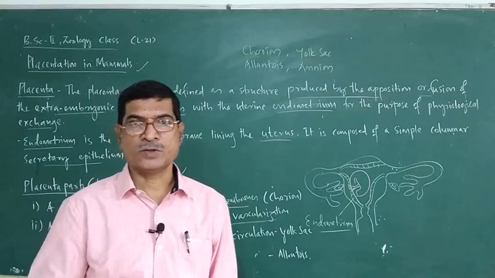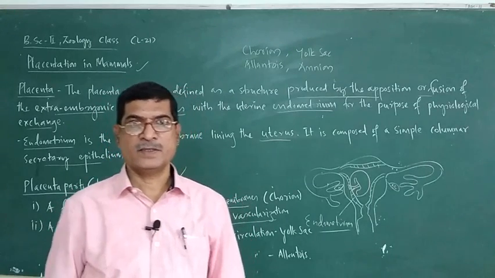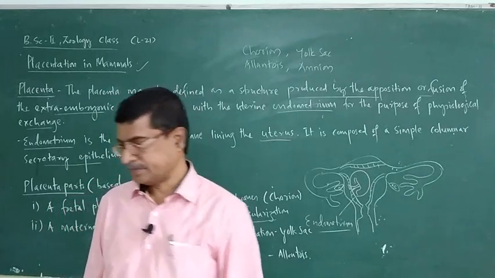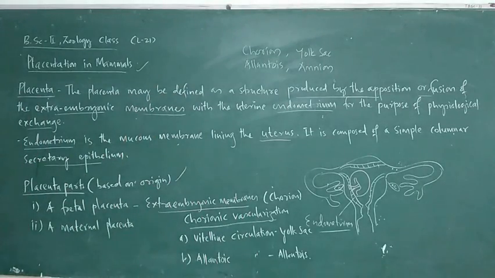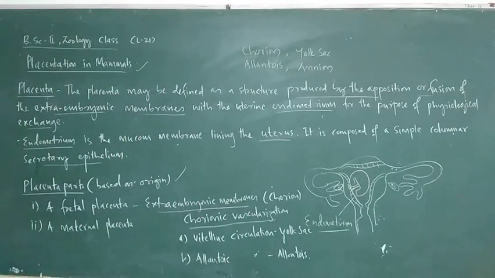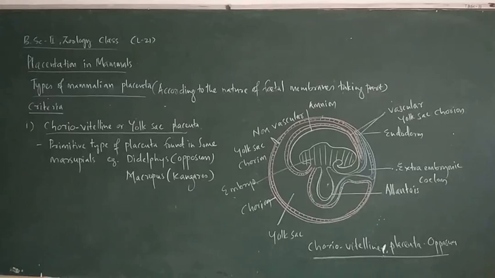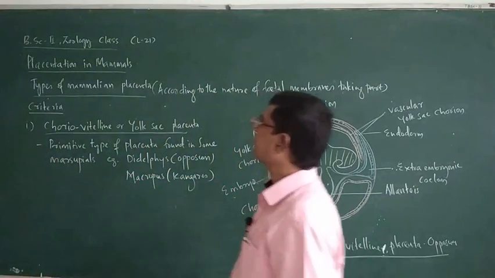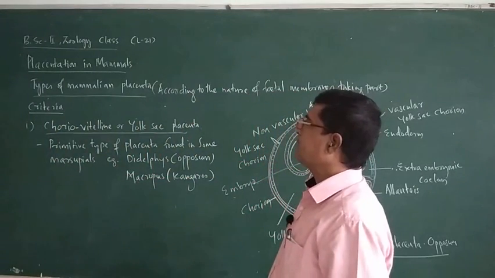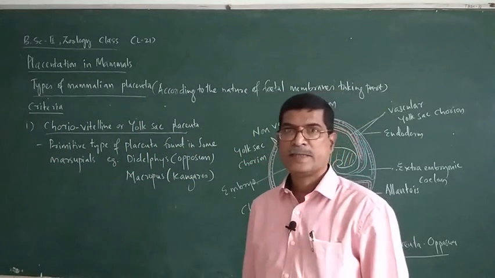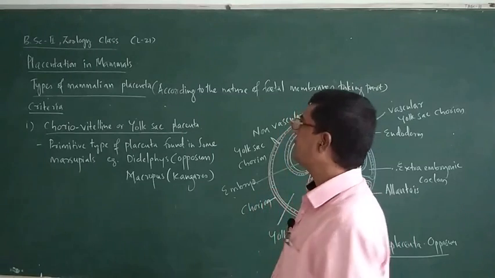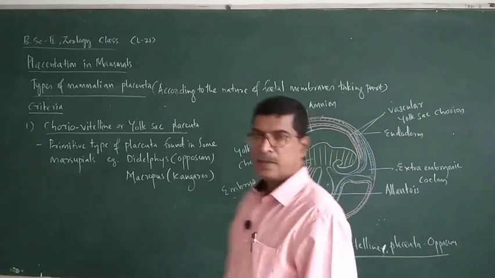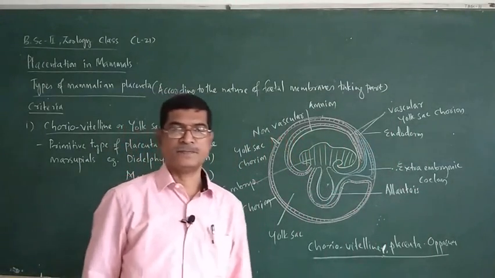Okay, so the next point is types of placenta. Let us see them. So types of mammalian placenta, according to the nature of fetal membranes taking part in formation of placenta.